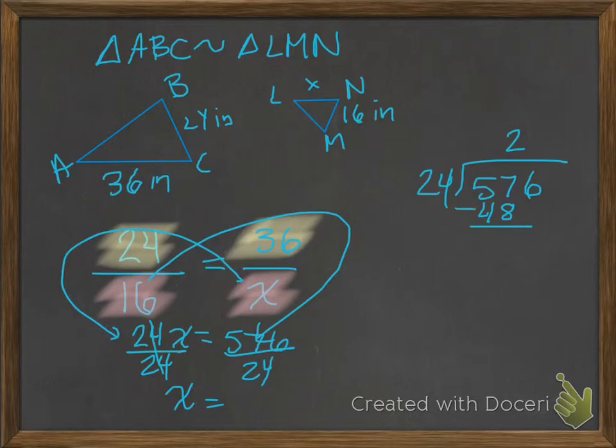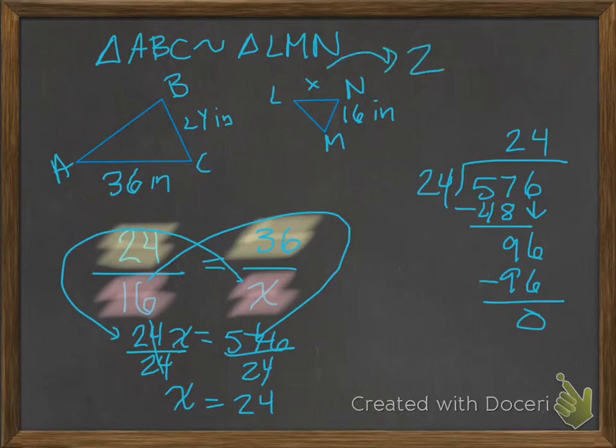When you subtract, you get 9, and we need to bring down our 6. And 24 goes into 96 4 times, and that goes in evenly. So X equals 24. The missing side length X is going to be 24. So we just figured that out.